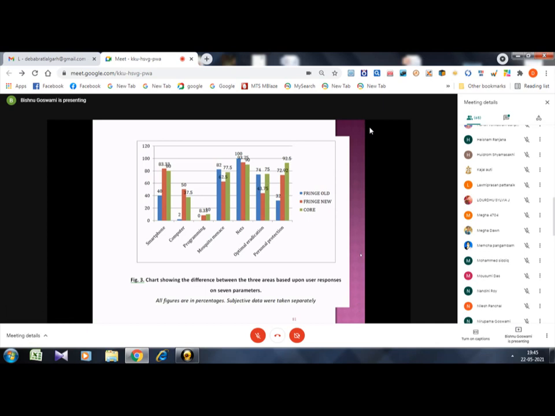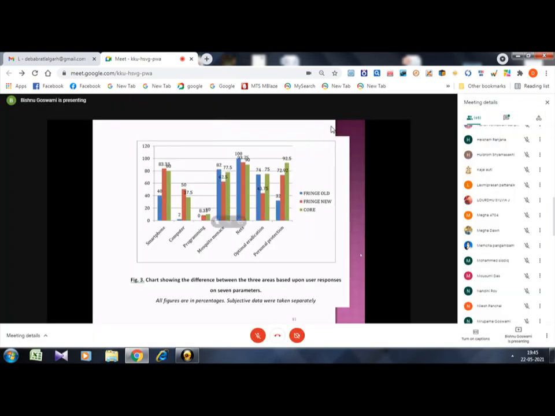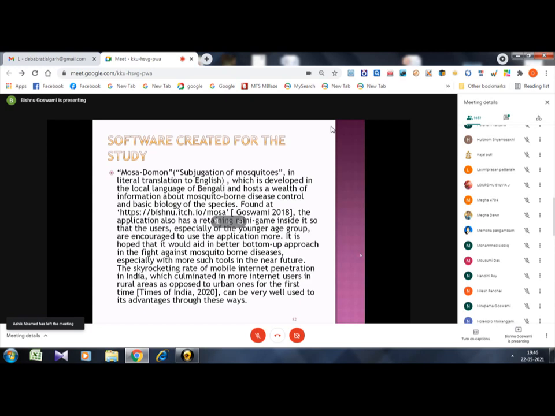Although they are using traditional methods of mosquito eradication, such as nets, we tried to measure how satisfied they are with the eradication drives being conducted there, and we also tried to gauge their personal protection levels, such as use of mosquito repellents and oils, and we did a survey there.